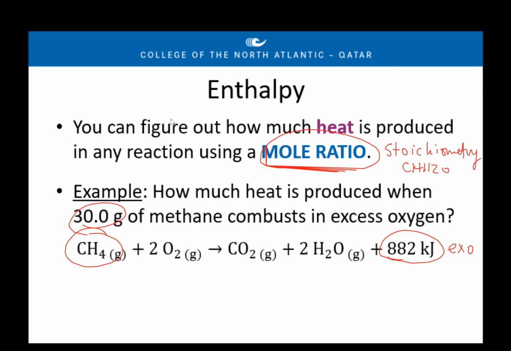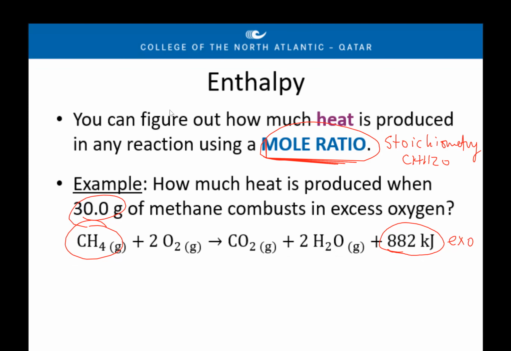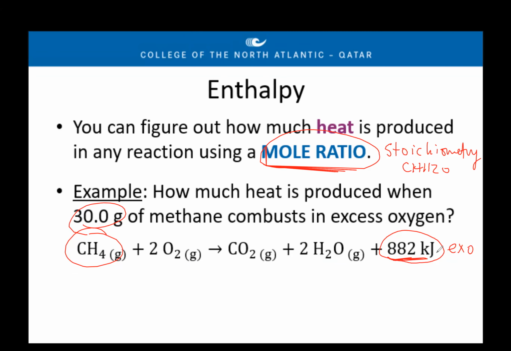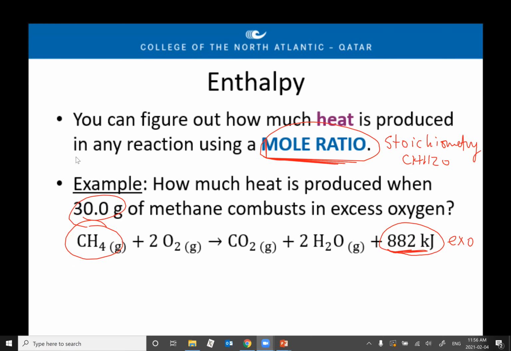Okay. Someone asks, isn't it supposed to be endo because it's positive? No, so again, that's the problem that I mentioned that students have on the previous slide. So the question was, isn't it endo because it's positive? But remember what I just said.